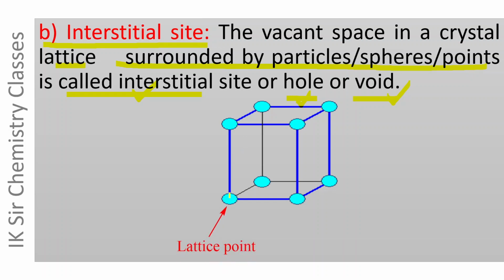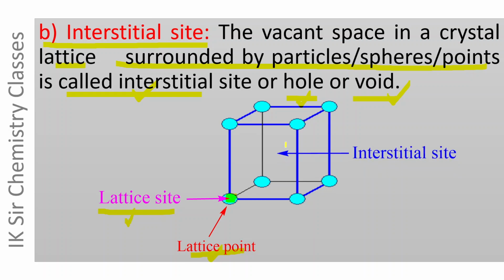The sphere or point which represents a constituent particle of a crystal lattice is called a lattice point, and the site which a constituent particle may occupy is called a lattice site.